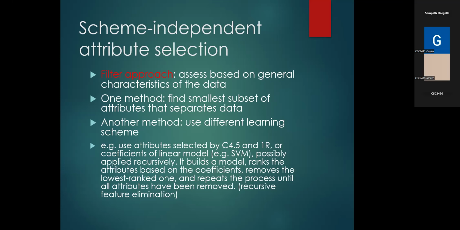Another way is you can use a decision tree, and the decision tree serves as a feature selection method because the tree selects features, and those features can be used for other classifiers such as support vector machine. So those are some of the ways people actually use this.